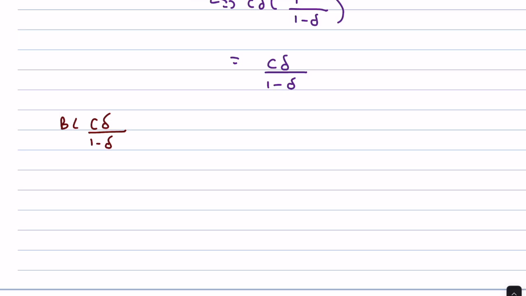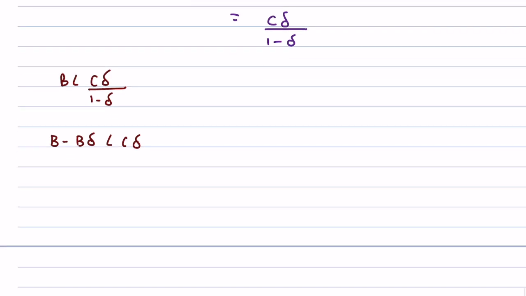And from here, we can actually isolate for delta, the discount factor. We're going to cross multiply. We're going to get benefit minus benefit delta must be less than cost delta, where delta is the discount factor. Sorry, let me just make sure.